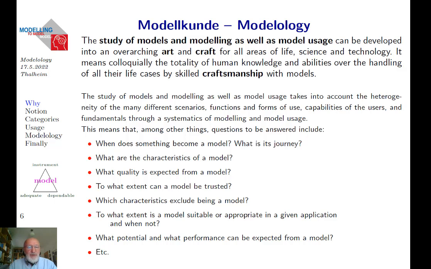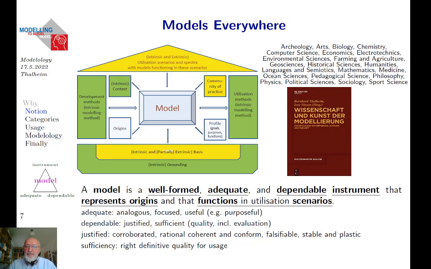When is a model suitable, appropriate, what is the potential and capacity of a model? That means we should answer these questions with a systematic consideration. What is a model, or what is model being essentially? And then we might have a chance to found this new discipline.